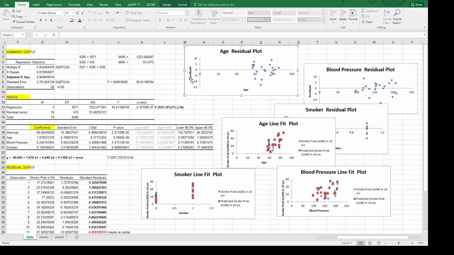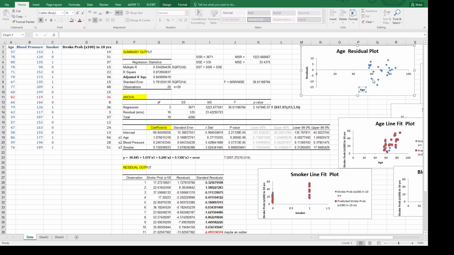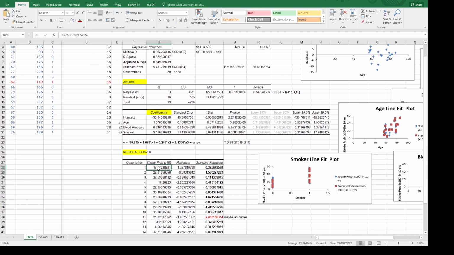Of course, these residuals are plotted with the x-axis being the specific input variable. For multiple regression, these are not necessarily useful. Usually, if somebody is interested in plotting the residual, they want to plot the standardized residual versus the y-hat.